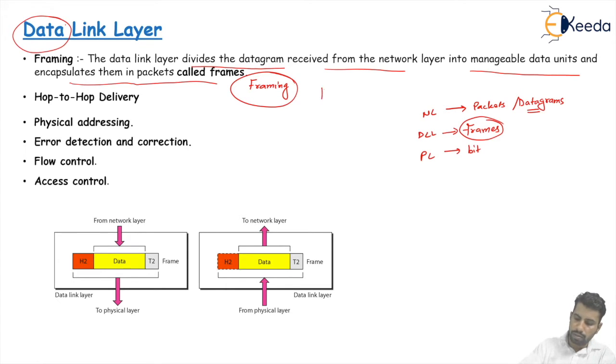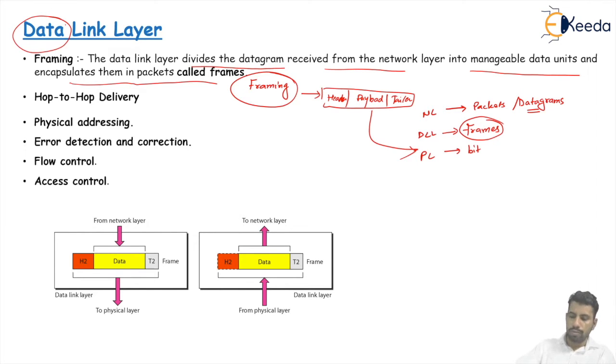We call this a frame, and pass that frame to the physical layer. At the physical layer we convert this into bits of zeros and ones.